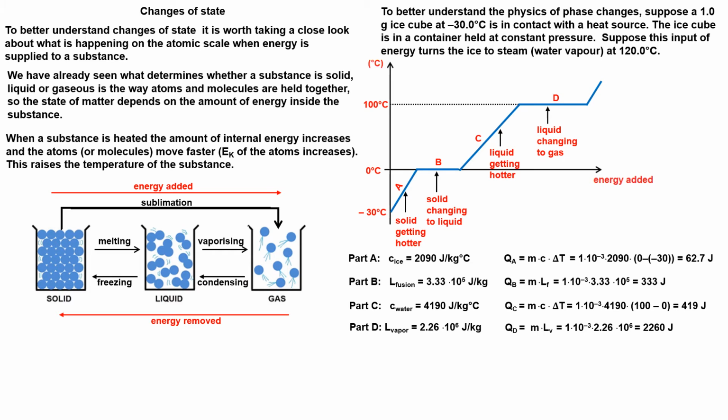Part E. During this portion of the curve, as in parts A and C, no phase change occurs. So all the added energy goes into increasing the temperature of the steam. The energy that must be added to raise the temperature of the steam to 120 degrees Celsius is calculated as follows.